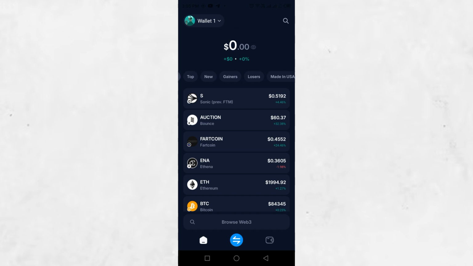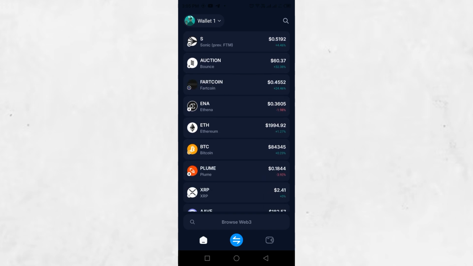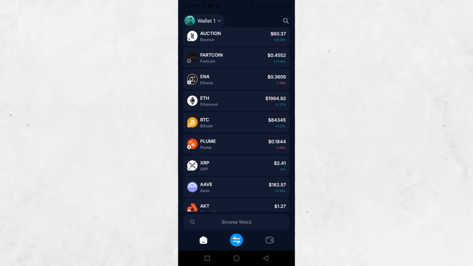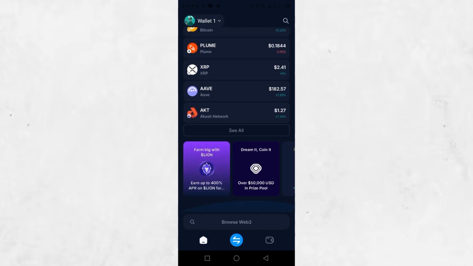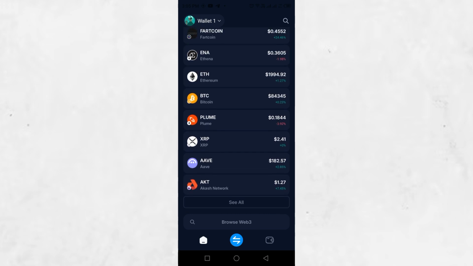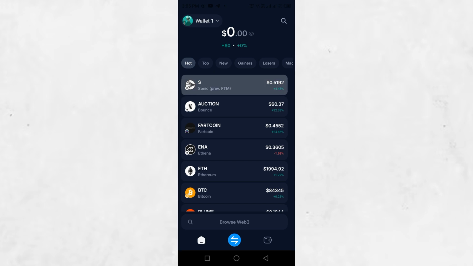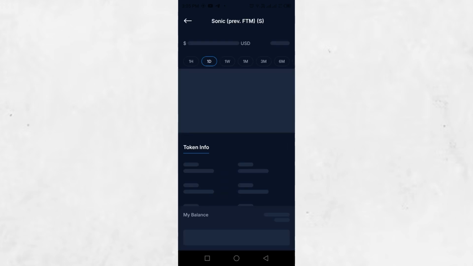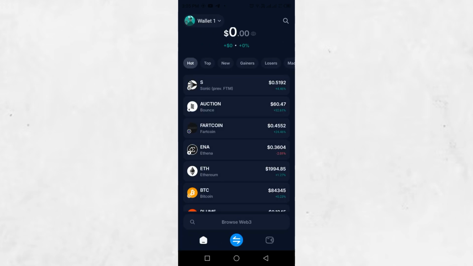The Home tab is the starting point of the Crypto.com app, offering key insights into various cryptocurrencies and market trends. It provides users with real-time data on price movements, trading volume, and emerging digital assets, ensuring they have up-to-date information at their fingertips.